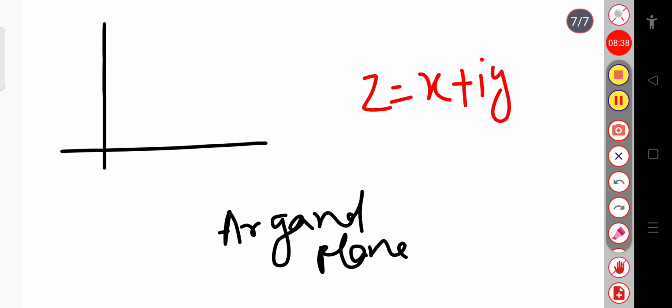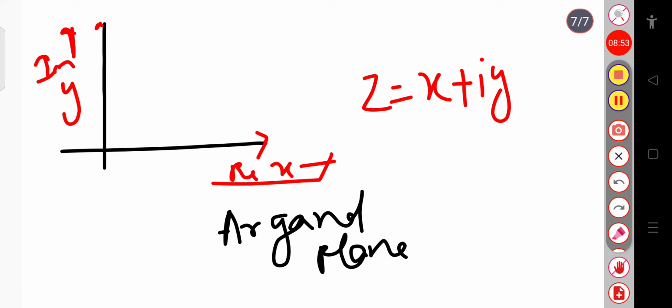Here if I draw the 2 axes, this is the real x axis and this is the imaginary y axis. While writing you have to write like this. Simply if I plot these two coordinates, suppose this is the x coordinate and this is the y coordinate.